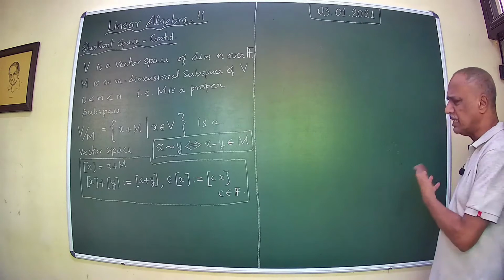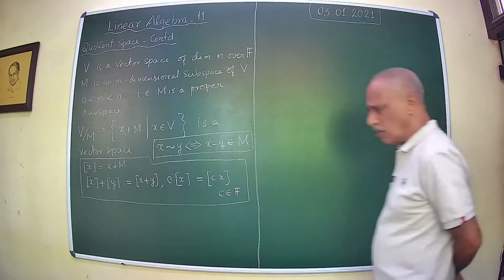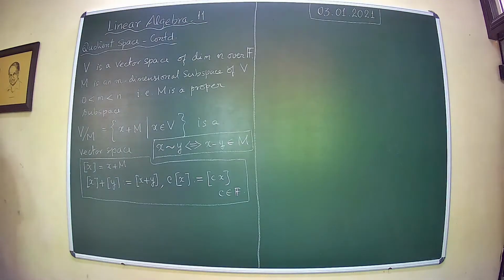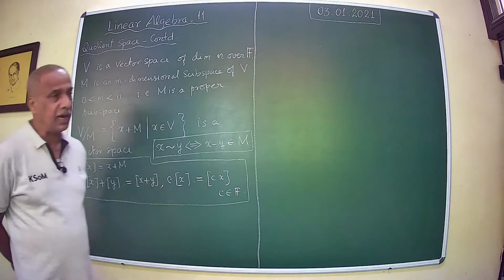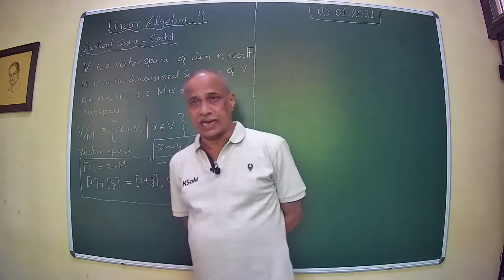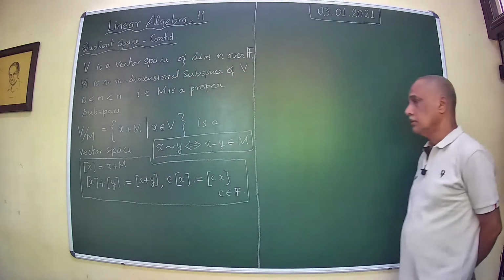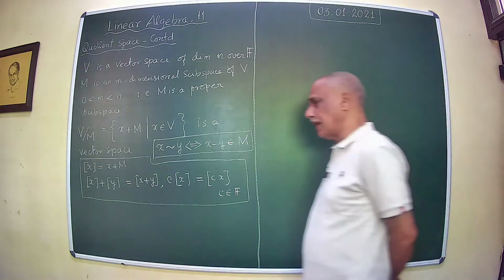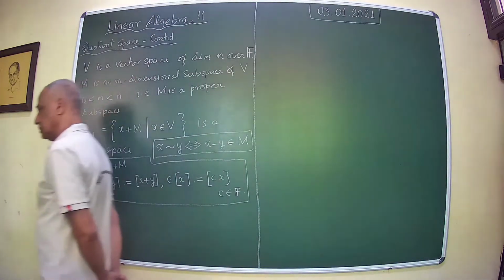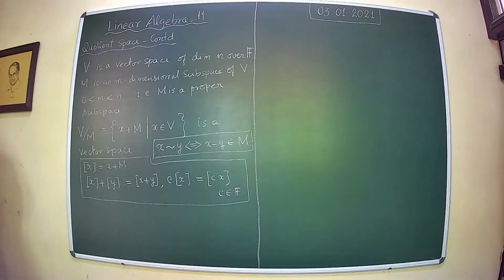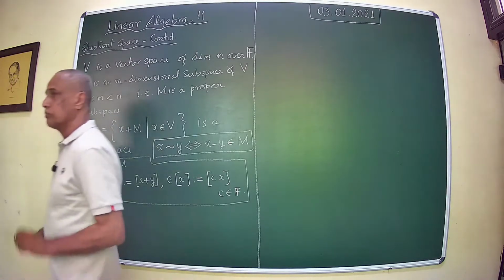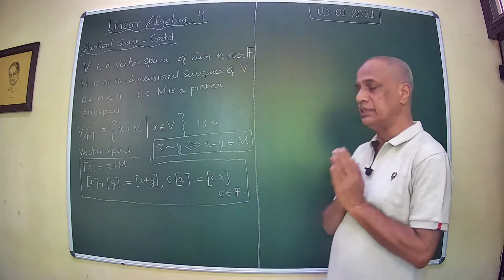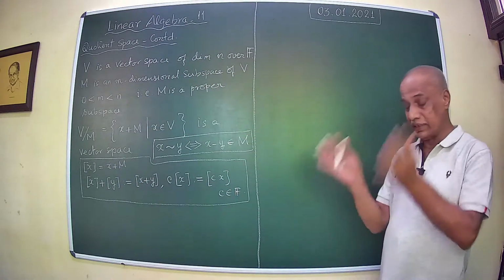And we have also seen a model in R2 of how things work. Given a proper subspace of R2, which is a line passing through the origin, the elements of the vector space V by M are the lines parallel to it, whose disjoint union gives the whole space.